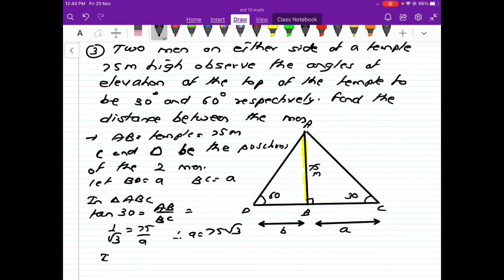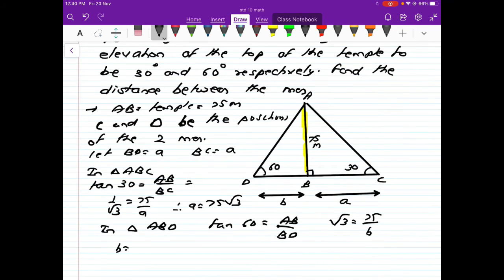Now similarly we can take the other right angle triangle. In triangle ABD, tan 60 is equal to AB upon BD. Tan 60 is root 3, so root 3 is 75 upon B. So B is 75 upon root 3.